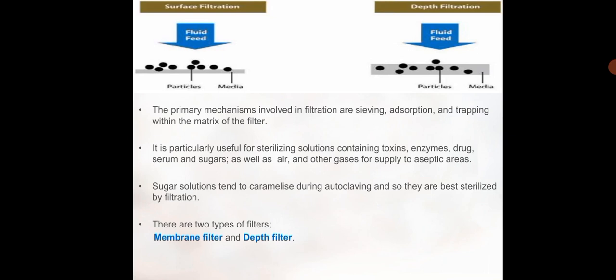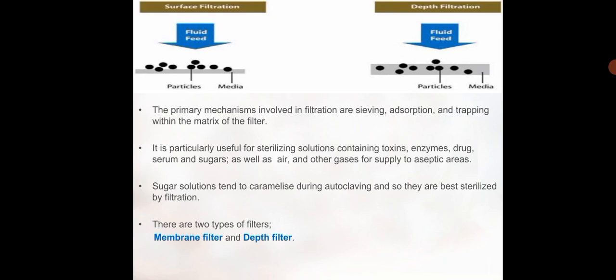It is particularly useful for sterilizing solutions containing toxins, enzymes, drugs, serum, and sugar, as well as air and other gases for supply to aseptic areas. Sugar solutions tend to caramelize during autoclaving and so they are best sterilized by filtration.